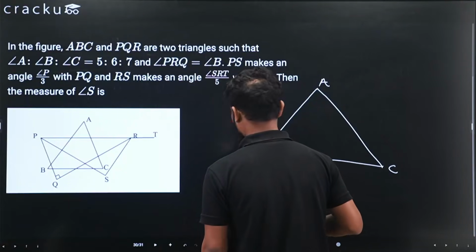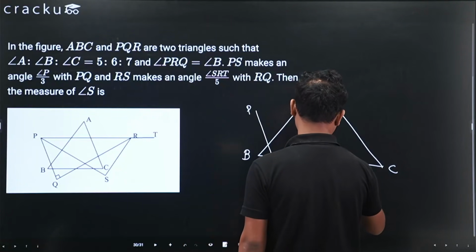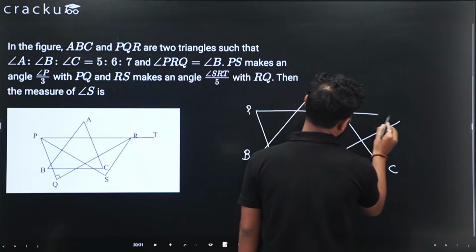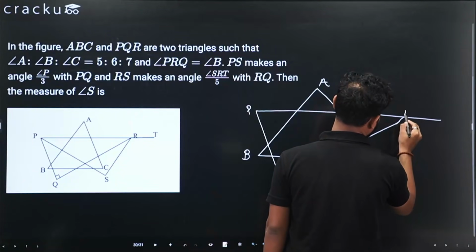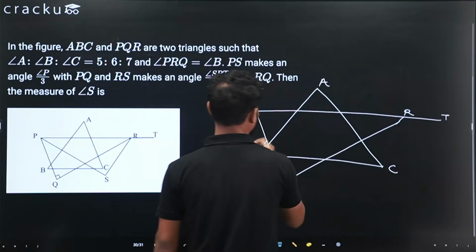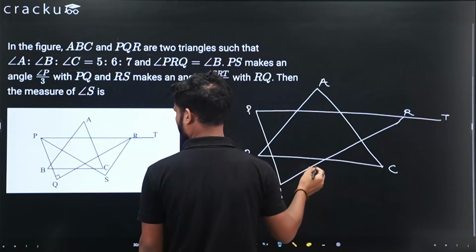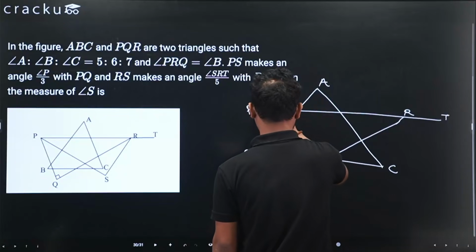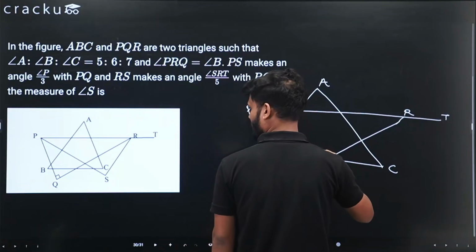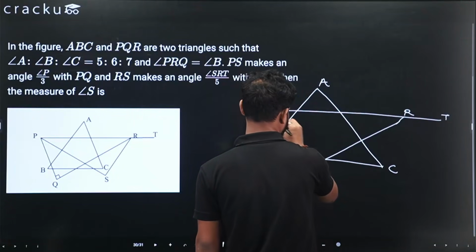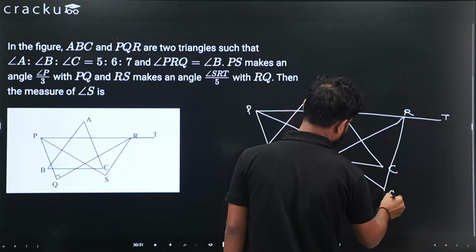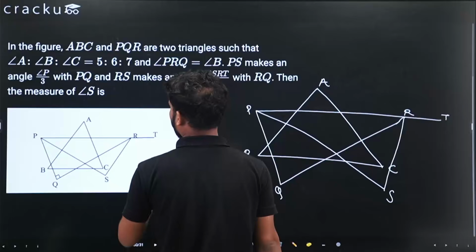Then this is 90 degree. And this is PR. PRT. Then I have the C. Then again I have one more, S.